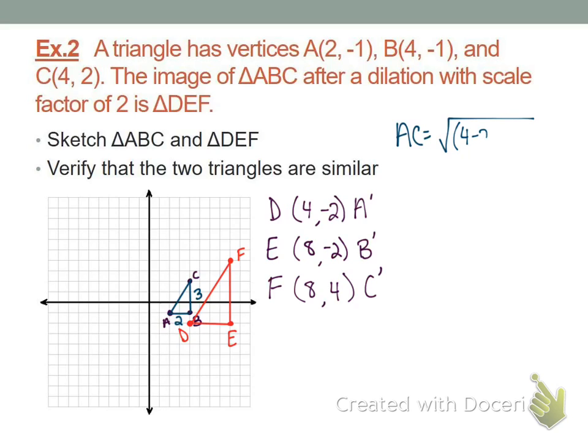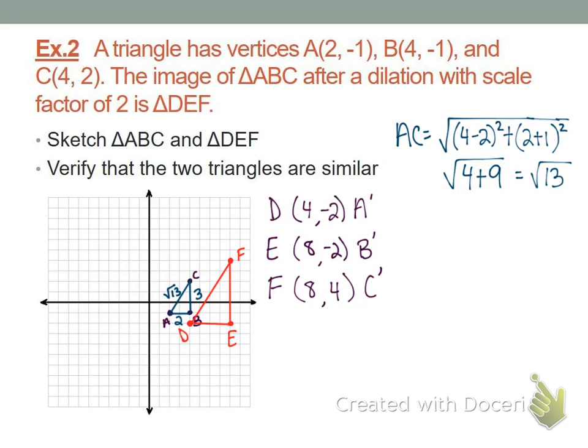Okay, we could do 4 minus 2 squared plus, then what would my y minus y have to look like? 2 plus 1 or 2 minus negative 1 squared. 4 minus 2 squared is 4. 2 plus 1 squared. 4 plus 9 is 13. The square root of 13 does not simplify. So we know the length of AC is root 13.